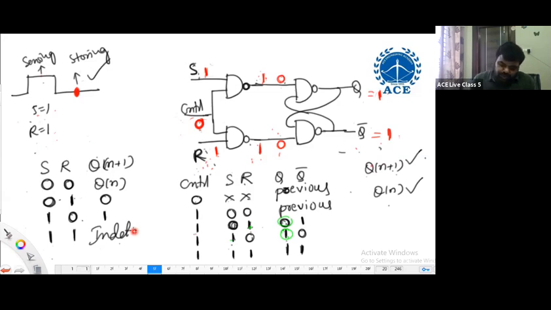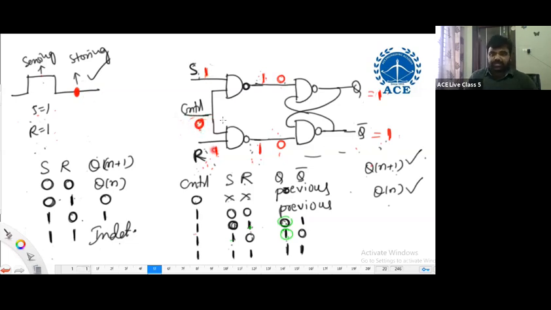When 0, 0 is applied, we are getting 1, 1. Immediately, what inputs do we get for this NAND based memory element? 1, 1. Why are we getting that 1, 1 now? Because I am applying control equals 0 to observe what is stored. When control equals 1, I applied S equals 1, R equals 1, and sensing the inputs is completed. Now I want to observe what is stored, so I make control equals 0.